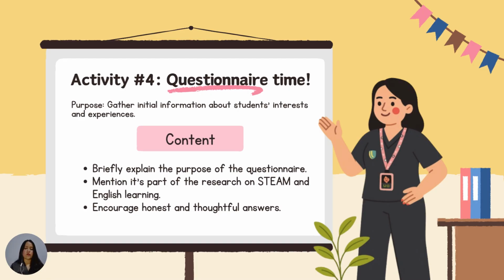This questionnaire we do it to understand their prior knowledge and learning preferences. Students complete a short questionnaire. This information was essential for adapting future lessons and ensuring that our STEAM project connect with their actual needs. Finally, we take it and we analyze the answers.